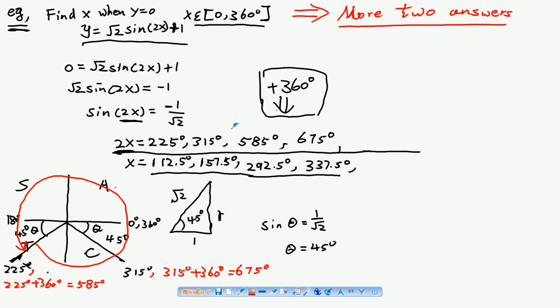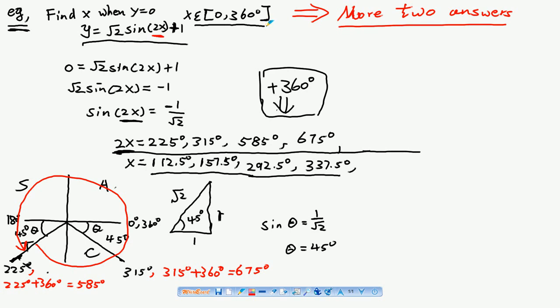The point is, if they have sine of something times x, then you're going to get more answers. I will explain why this happens when I teach you how to draw graphs.